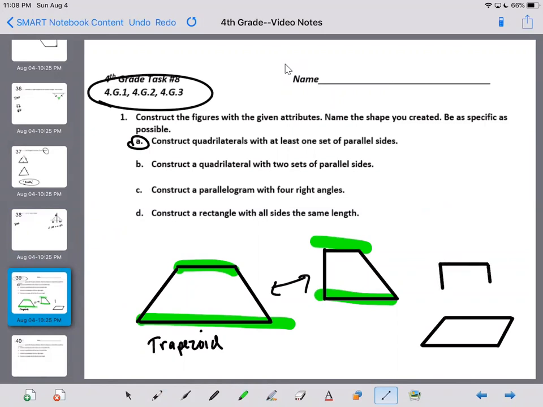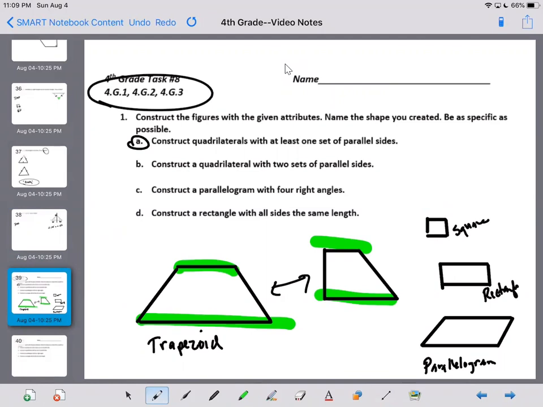We can look at a rectangle and a square. So those would be quadrilaterals with at least one set of parallel sides. And based on earlier drawings, we could even say a rhombus.